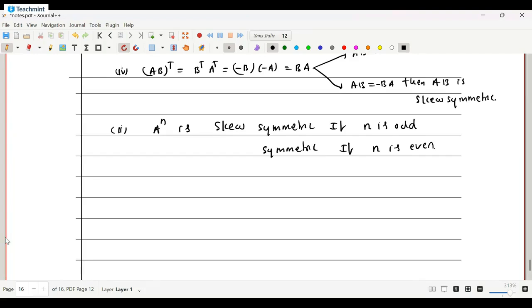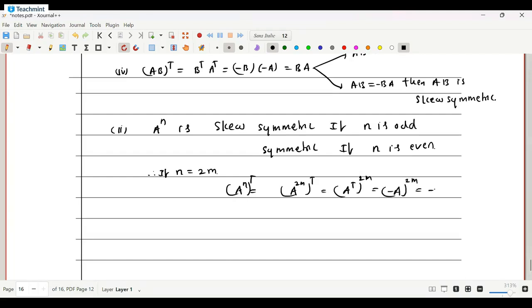Assume that n is an even number, n equal to 2m. Consider A power n whole transpose. So A power n whole transpose equal to A power 2m whole transpose, which is equal to (A transpose) whole power 2m, where A is skew symmetric, therefore it is (minus A) whole power 2m.